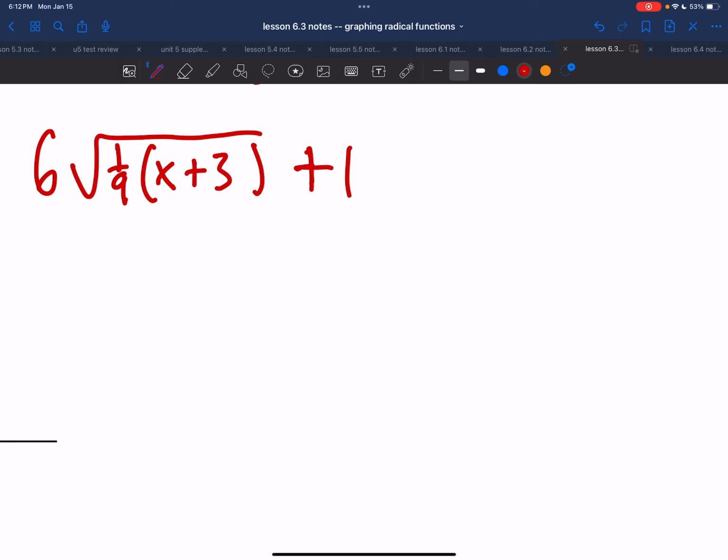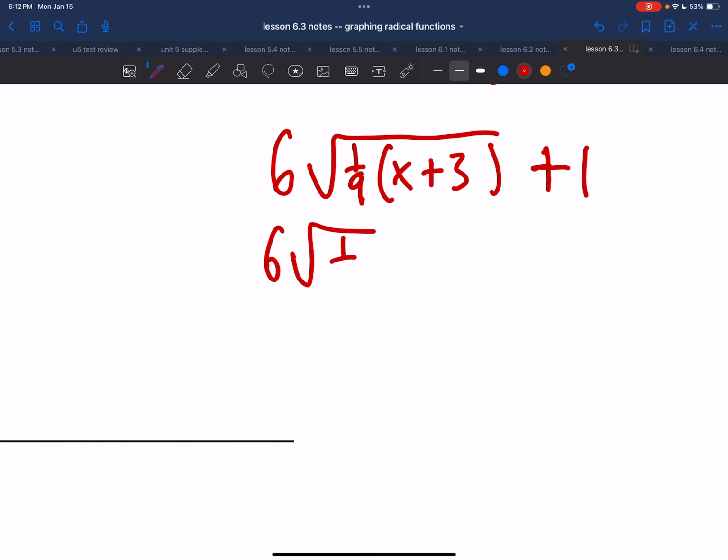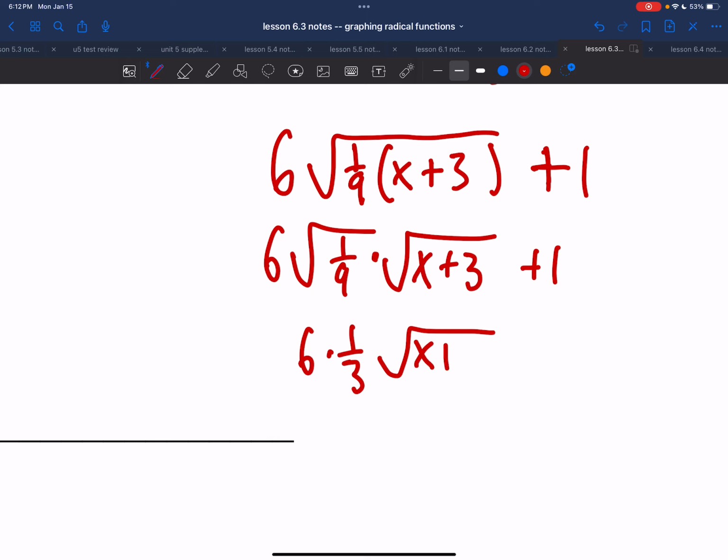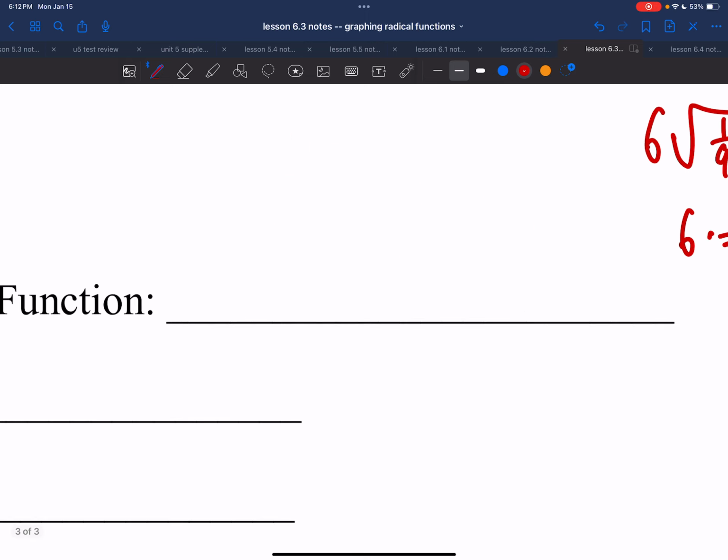All right. So we successfully factored out 1/9. Now we can break up these square roots: the square root of 1/9, times the square root of x plus 3. Of course, the square root of 1/9 is 1/3, and 6 times 1/3 is 2.